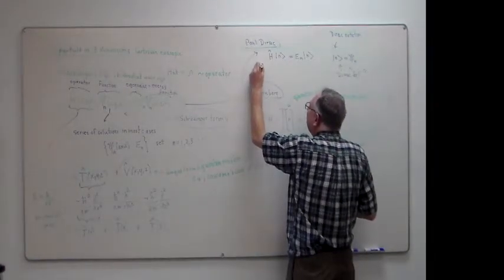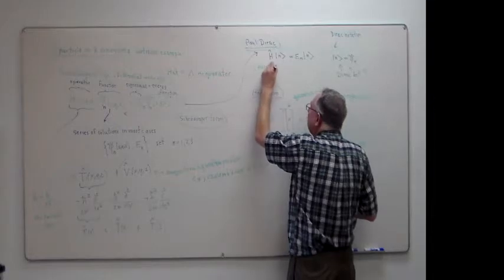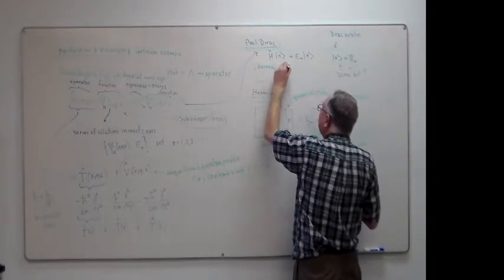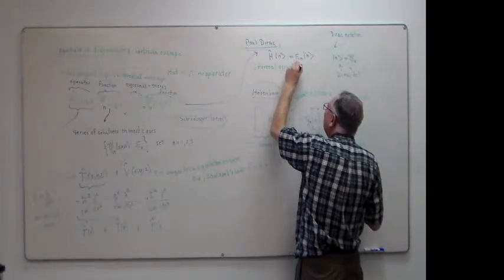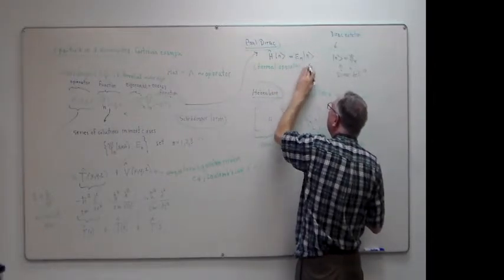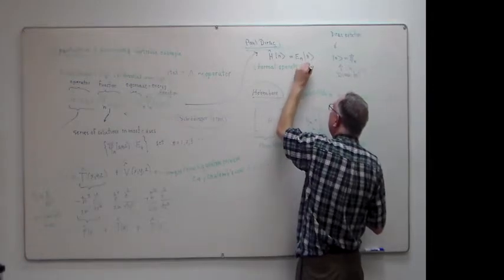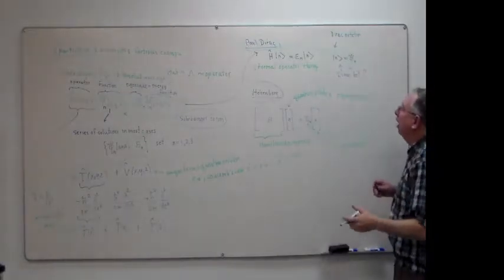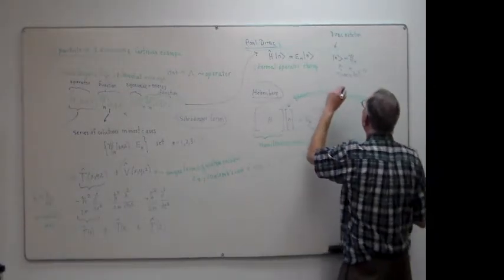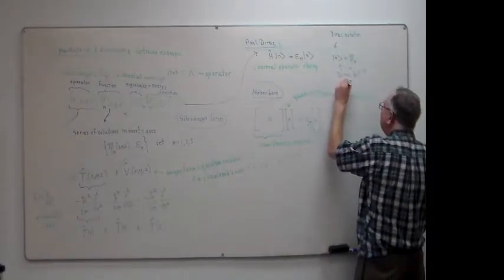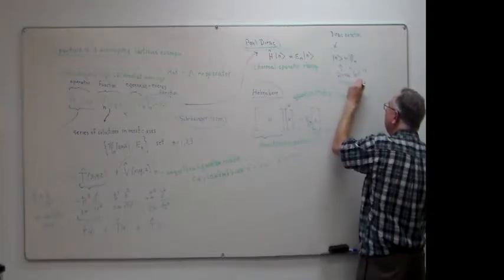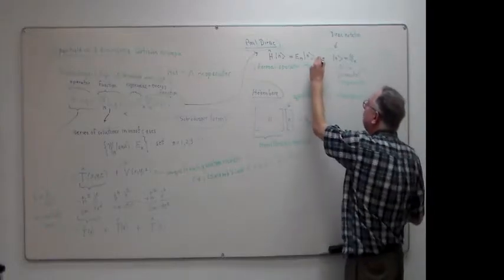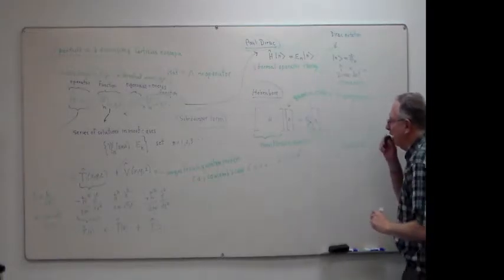Dirac said, I can develop this formalism. This is formal operator theory. We have operators operating on eigenvalues. This is an eigenvector here for good old Dirac, this Dirac ket. Formal operator theory, we can do it that way.